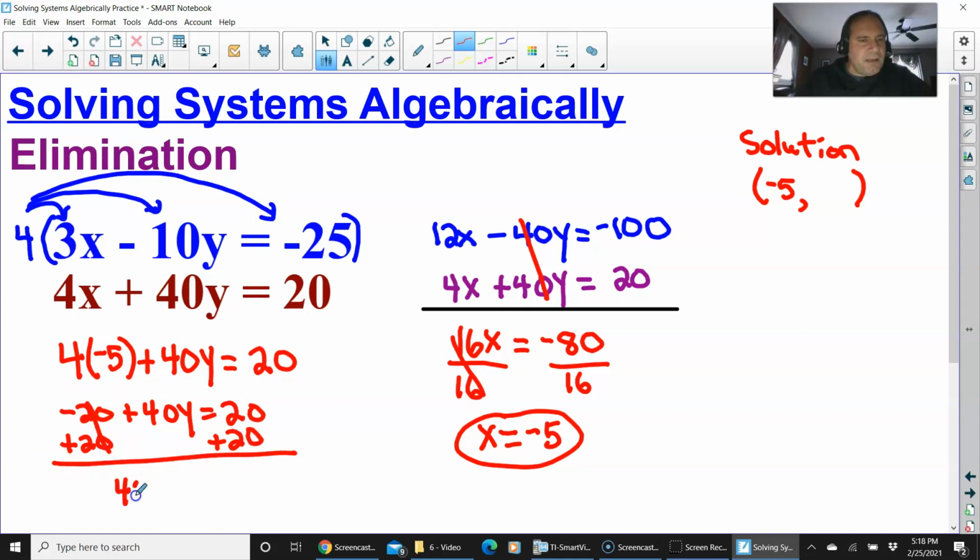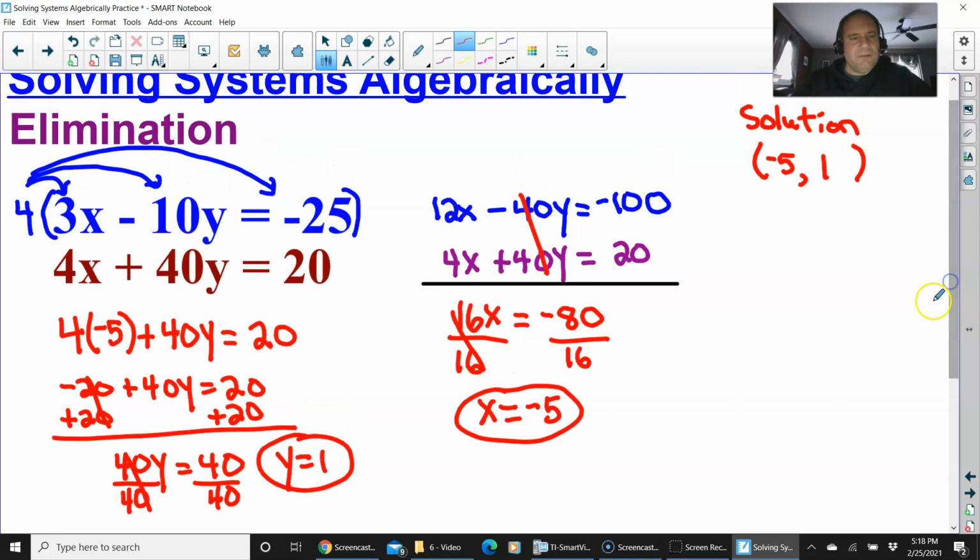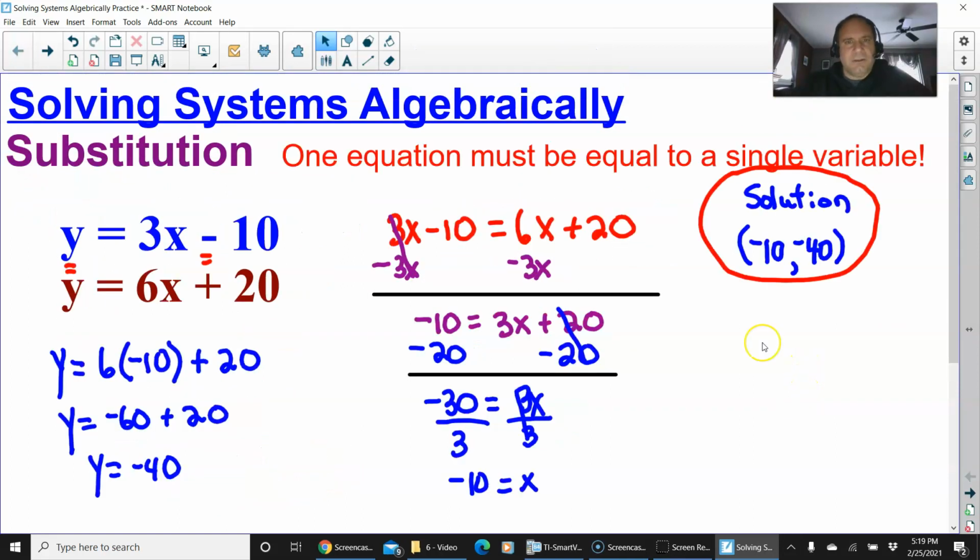You get 40y equals 40. Divide by 40 on both sides, and y equals 1. So the solution is -5, 1. And that is elimination.